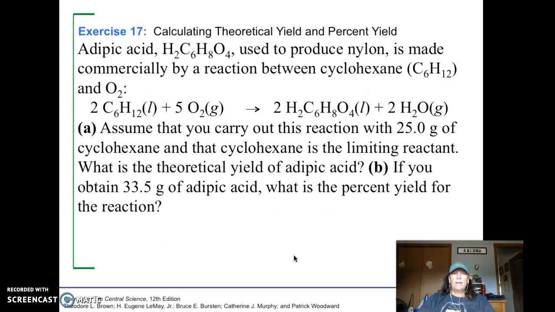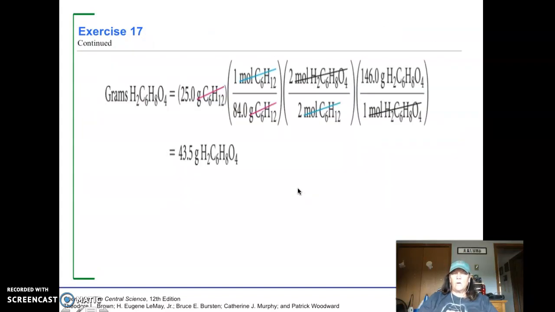All right. So here's an example of a problem. What we're trying to do is we're going to compare. We're going to start with the reactant, and we're going to figure out what we should get for the product, and then I'll show you how to do percent yield. It's actually on this page. Okay, so I start with my grams of, I think it's acetic acid or something like that. 1 mole, this is its mass.